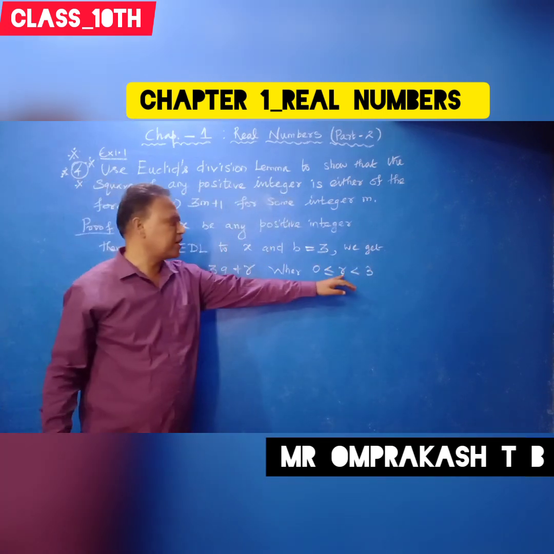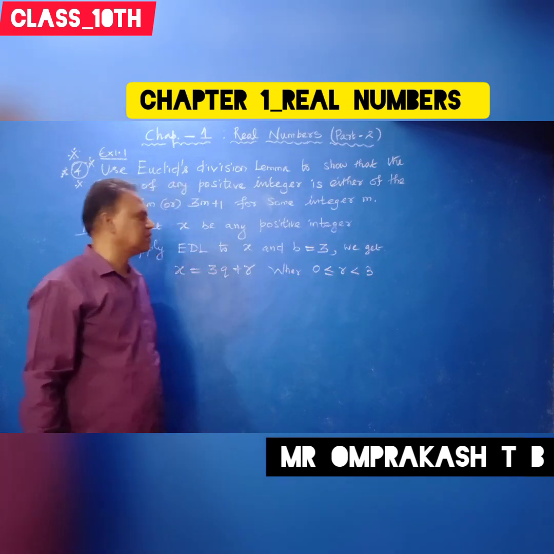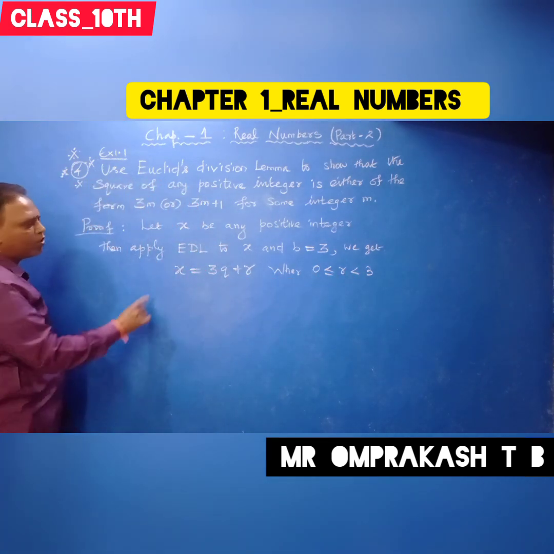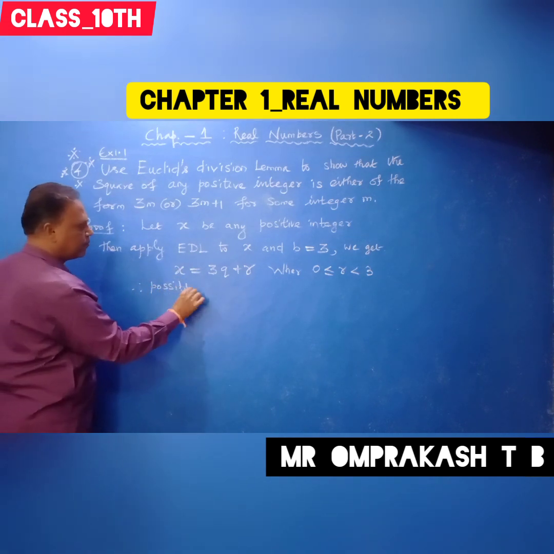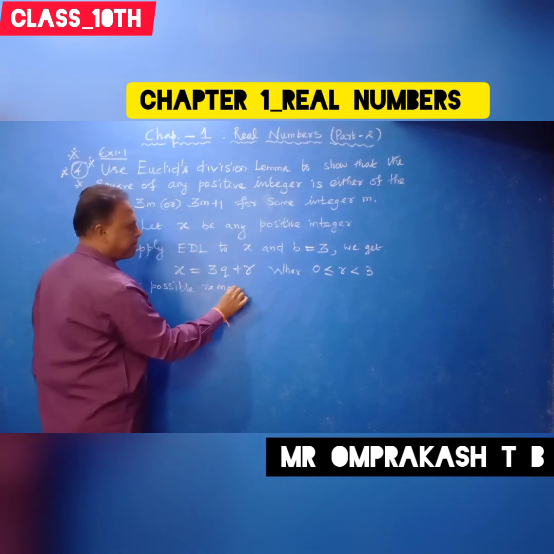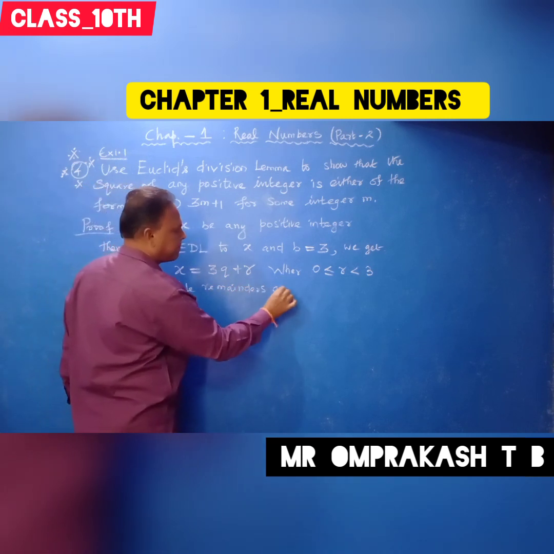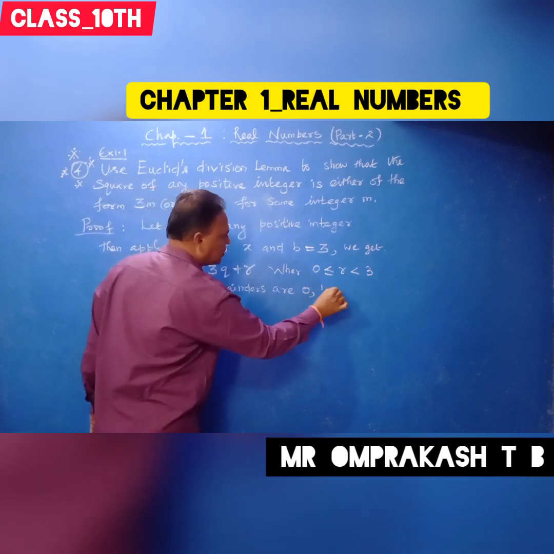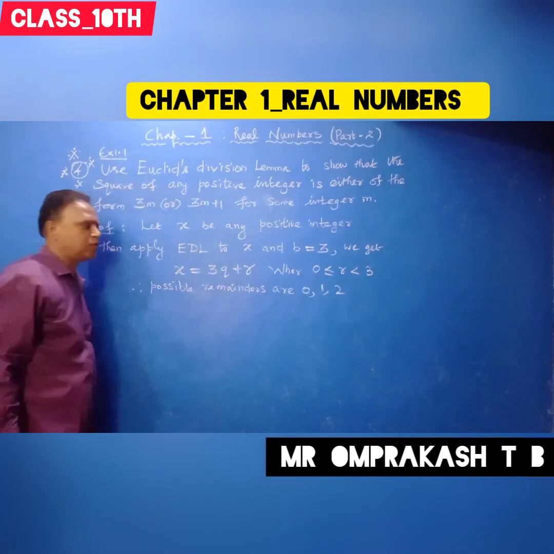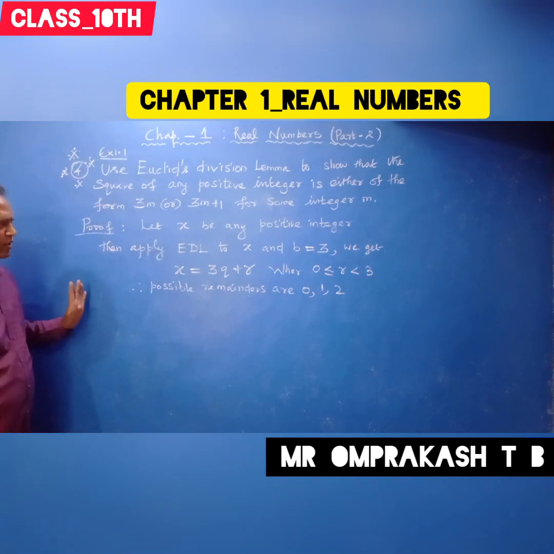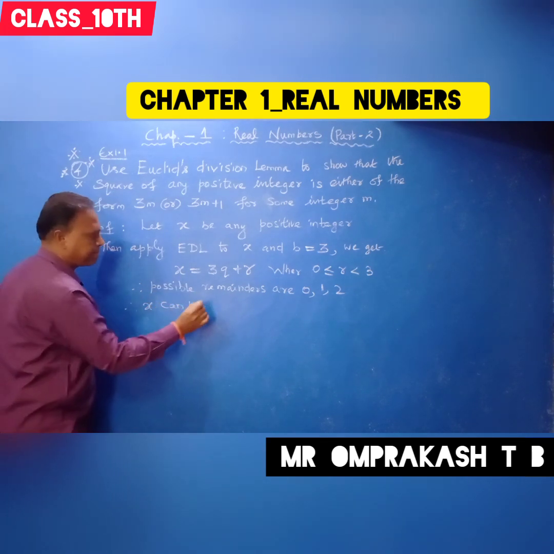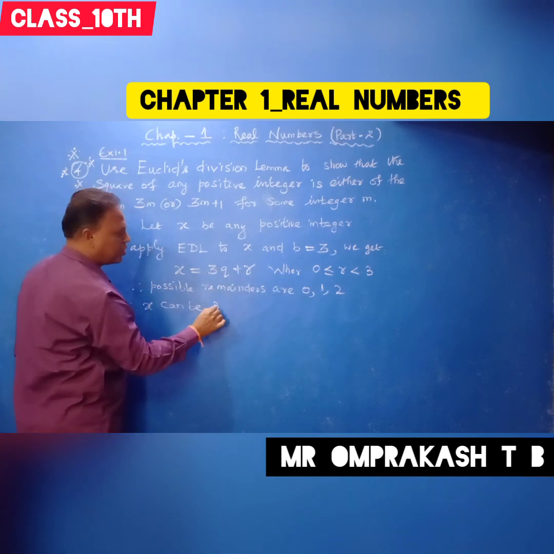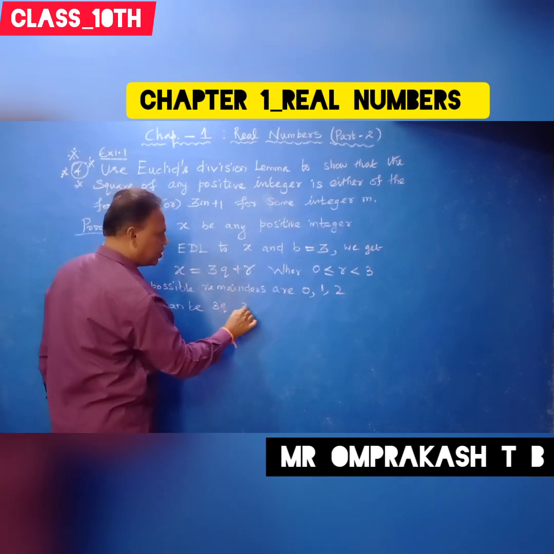So the remainder may be 0 or less than 3, that's all. Therefore possible remainders are 0, 1, 2. Less than 3, you have to take up to 2. Clear? Now x can be: 0 you put, what will come? 3q. Then 1 you replace, 3q plus 1.